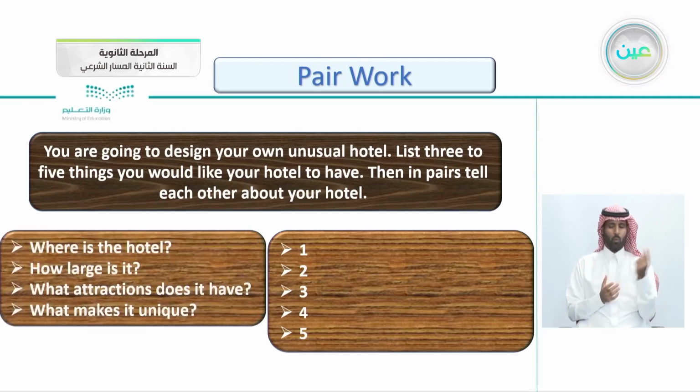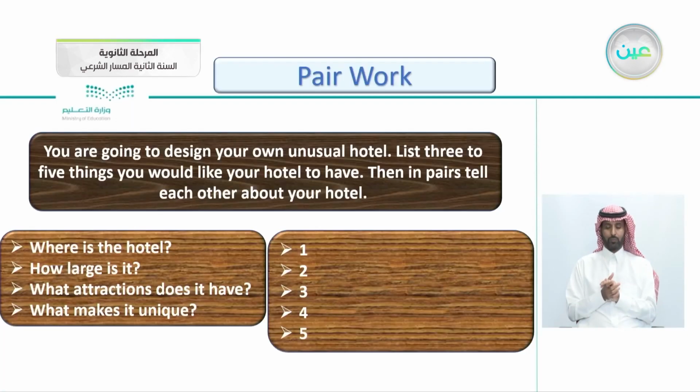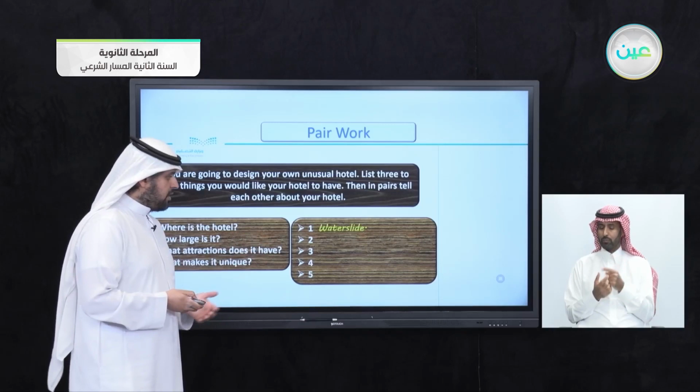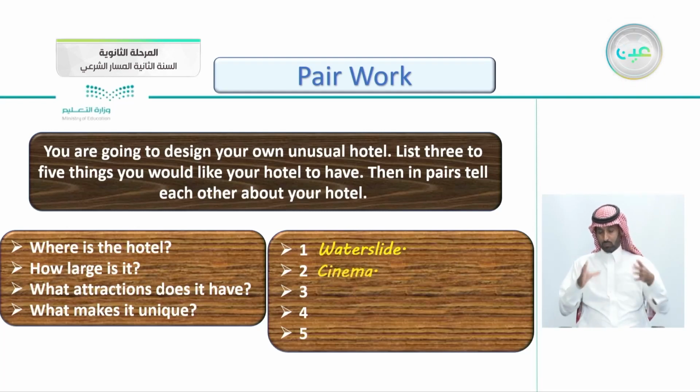Where's the hotel? These are some questions to help you get the idea. Where is the hotel? How large is it? Is it a small hotel? Is it a big hotel like a castle maybe? What attractions does it have? What makes it unique? For example, does it have water slides? Some hotels have water slides in their swimming pool. Or maybe a cinema.